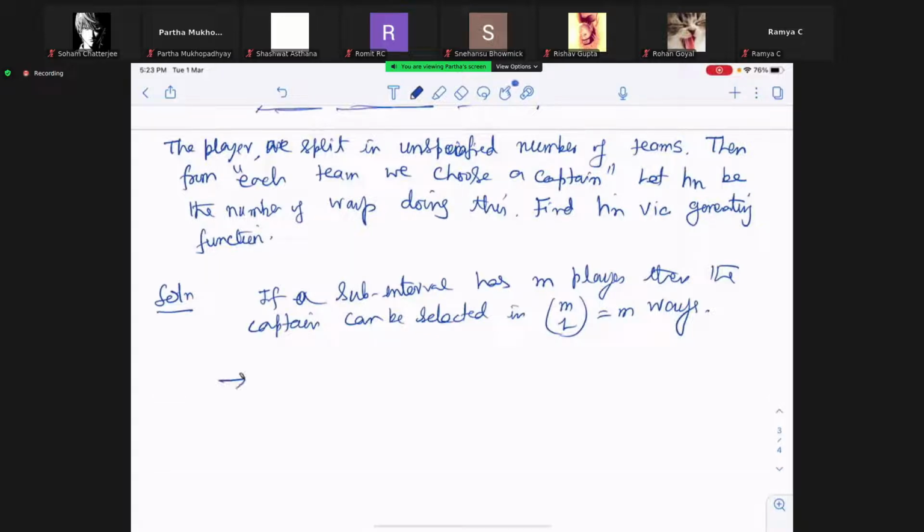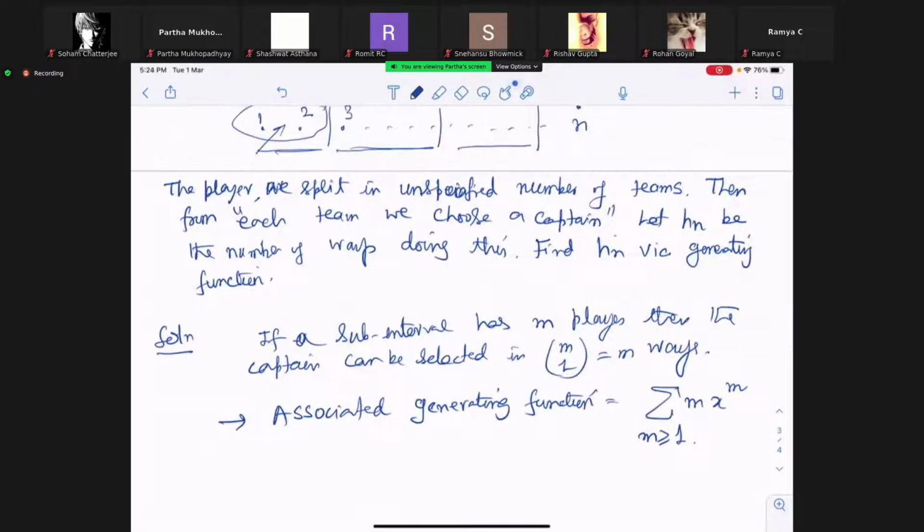Naturally, the associated generating function, if it is unclear just let me know, is the summation of m x power m. That is very logical, right? When you have m players, you can choose one of them as a captain, so the generating function that I associate is this. Let's call this your A(x), for example.